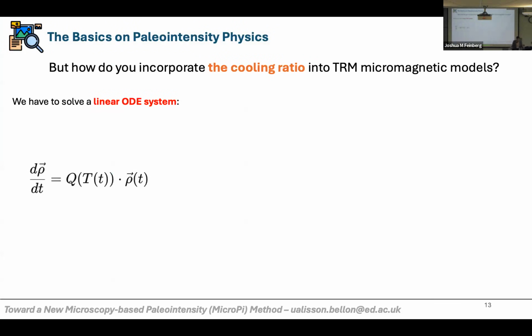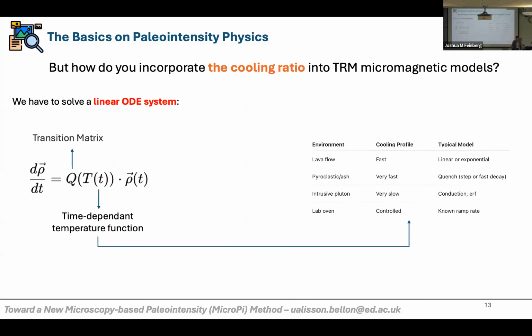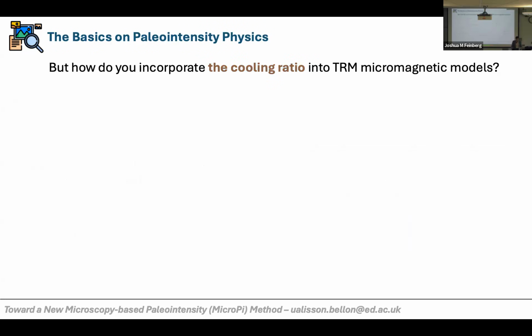So we basically have to solve a linear differential equation system with something called the transition matrix, which is dependent on temperature functions that we can just tweak depending on the kind of rock that we're looking at. So if you're looking at faster cooling, we would use one equation. If you look at longer diffusional coolings, we can use other equations. And then we have the probability of each state that I've shown happening in a different period of time.